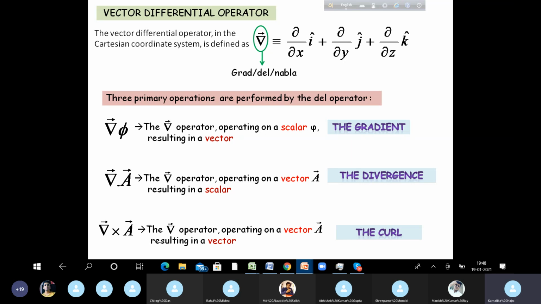What it means when a vector differential operator converts a vector into a scalar. What it means when a vector operator changes a vector to another vector. Okay. So what are the physical meanings of the operations gradient, divergence, and curl? That I will discuss in a bit detail one by one after this. All right.